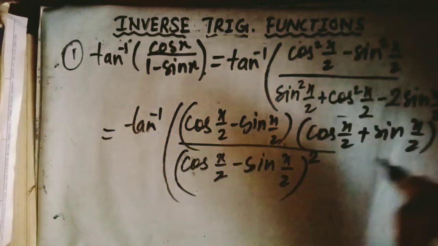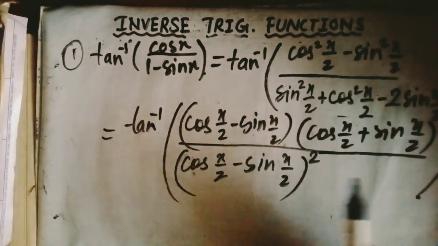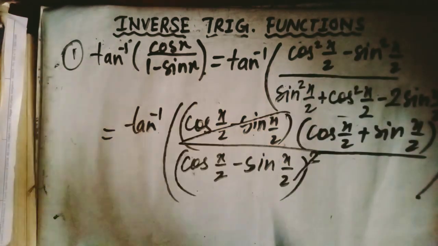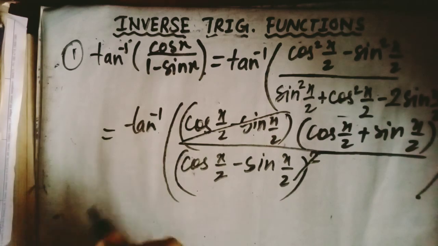Okay, so we can cancel this one, sin x/2 and cos x/2. Now dividing both numerator and denominator by cos x/2.